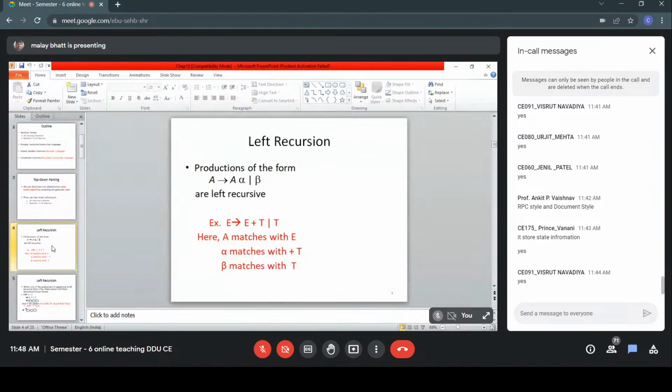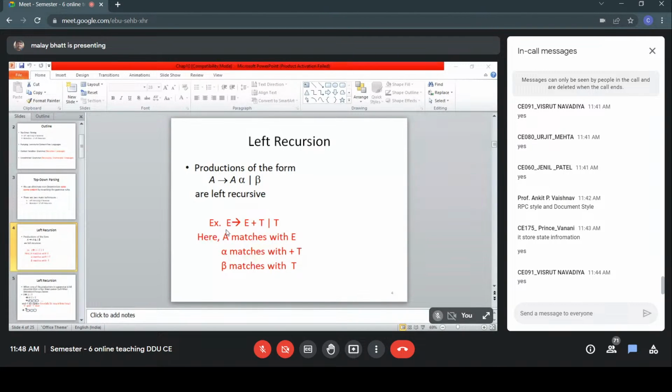Now let us understand what a left recursion is. Basically, a production of the form A gives A alpha or beta. When we see a production like this, we can say it is a left recursive production, because the leftmost non-terminal is the first symbol on the right hand side, right? The non-terminal of the grammar appears as the first symbol on the right hand side.